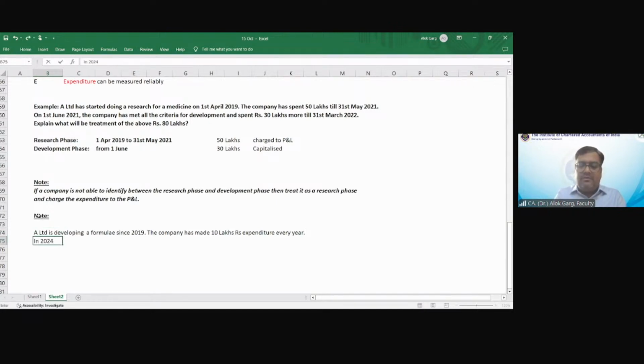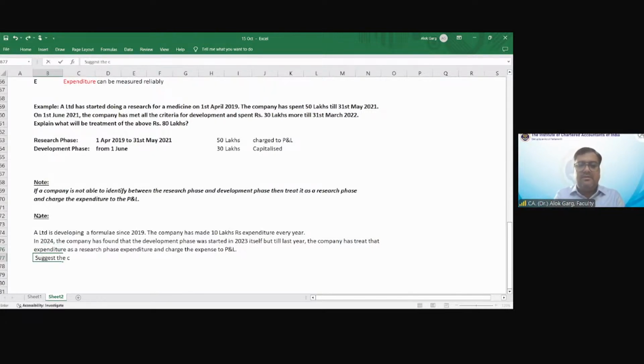In 2024, the company found that the development phase was started in 2023 itself, but till last year the company treated that expenditure as research phase expenditure and charged the expense to P&L.